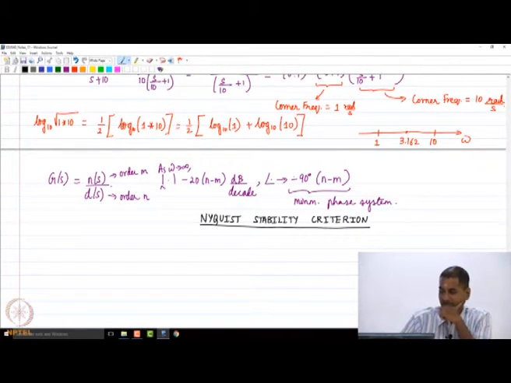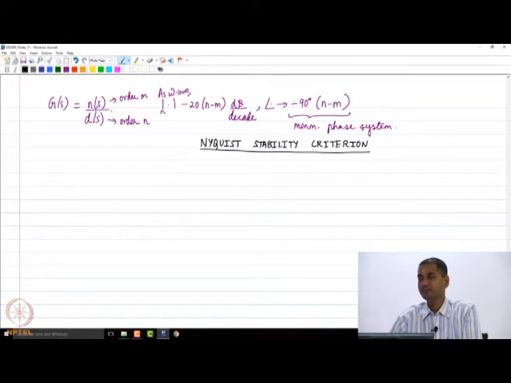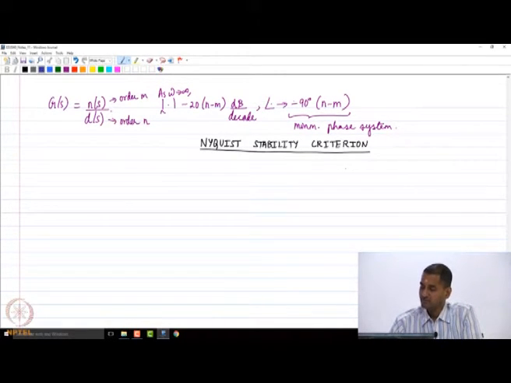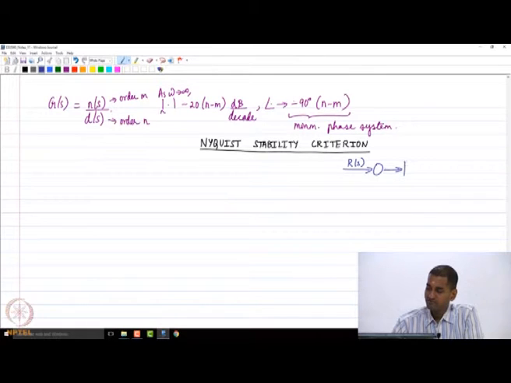Okay. So, one important application of the Nyquist plot is to figure out the stability of the closed loop system, right. So, if you recall our block diagram of the closed loop system that we have been looking at, the forward path transfer function was G of s.